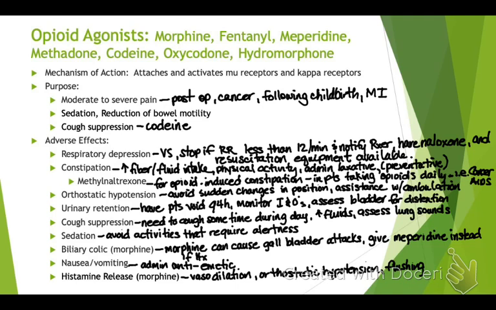Nausea and vomiting is a very common adverse effect with the opioid agonists, and you want to have antiemetics available for them and be able to administer them. And then histamine release, especially with morphine, is going to cause vasodilation, orthostatic hypotension, and flushing.